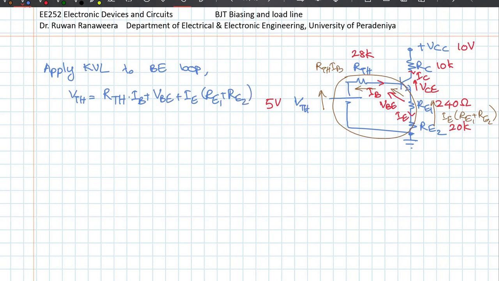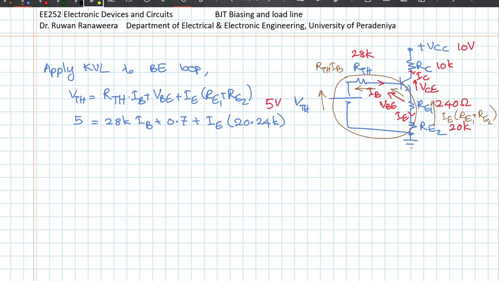So 5 is equal to 28K IB plus 0.7 volts plus IE times (RE1 + RE2) is 20.24 kilo ohms. So this is my new expression.